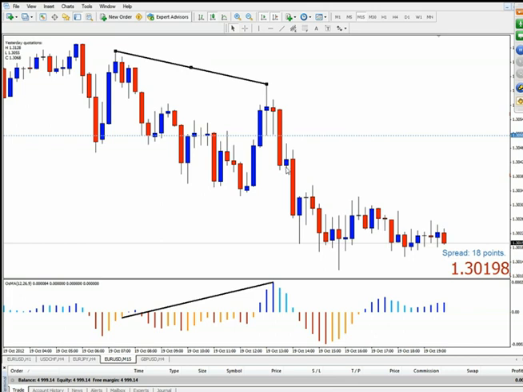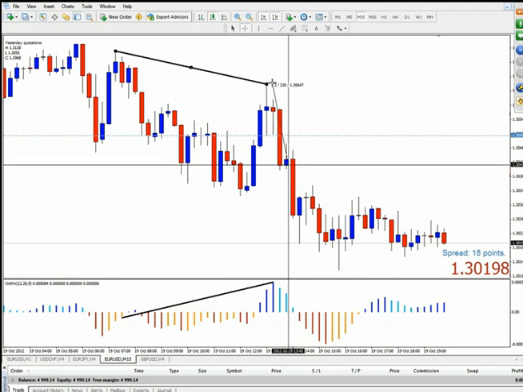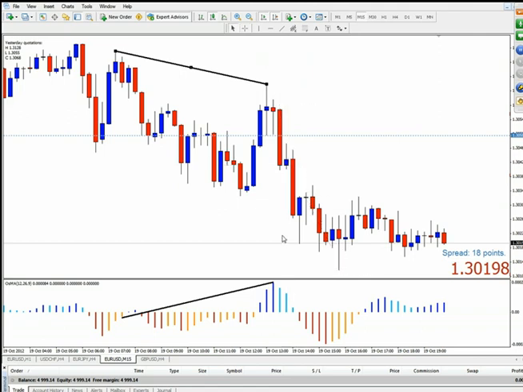So your entry on this trade would have been right here, okay? You would have got short right here using the OSMA. There's about a 35 pip stop, and it went down about 30 pips. So anyway, that's how I use the OSMA as an entry tool. But this was not a good example.